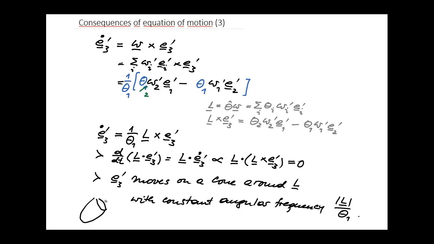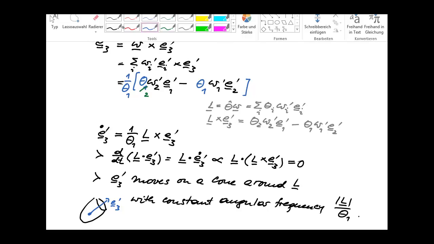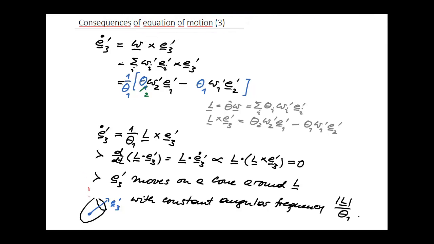Let me indicate that here. We have the basis vector e3 prime. We have the angular momentum vector L. The projection of e3 onto L, this is the scalar product L with e3 primed.